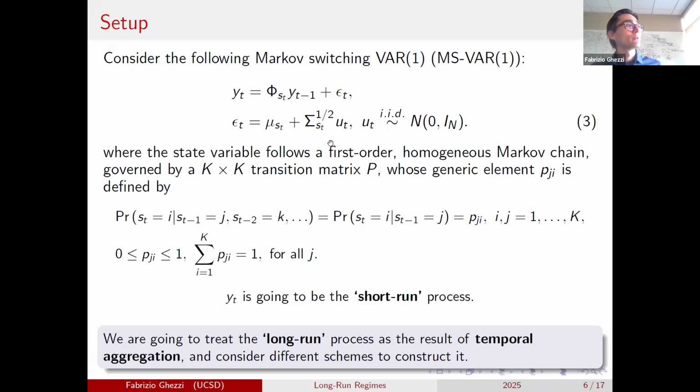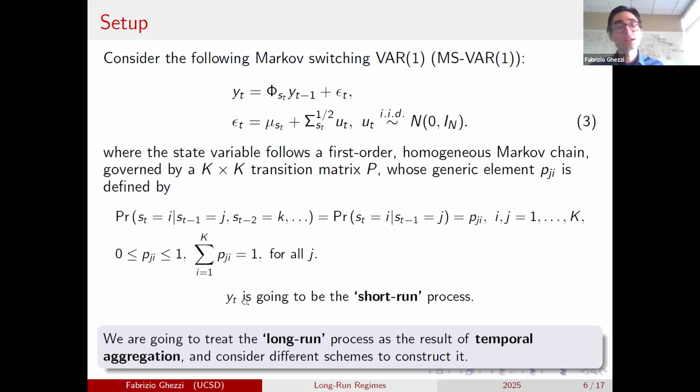The parameters will be time varying in a very specific way, with this latent chain S_t, which is a Markov process of the first order.